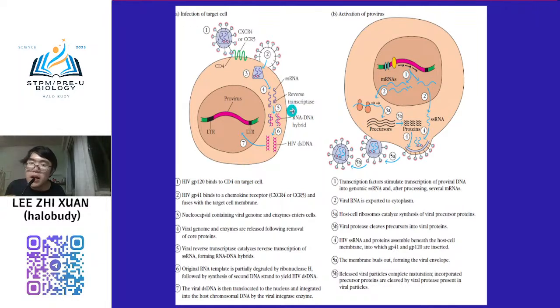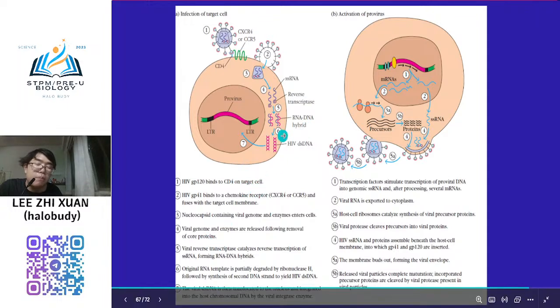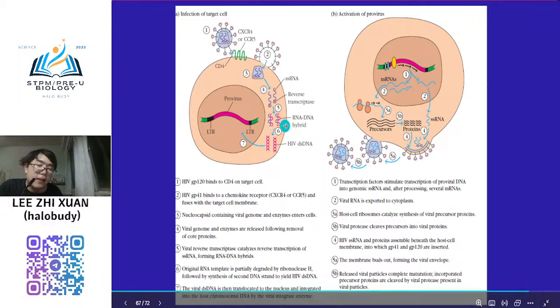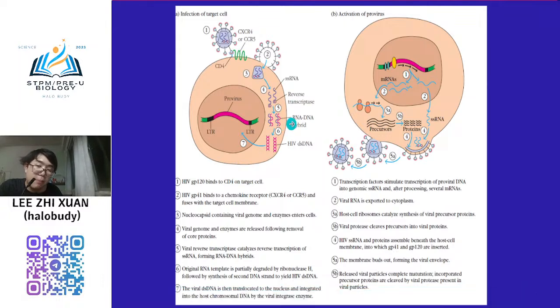Like in humans, we change DNA to mRNA, but this enzyme catalyzes a reverse reaction that humans do not have. It forms the RNA-DNA hybrid, and then your original RNA is the template and is partially degraded by the ribonuclease enzyme, followed by synthesis of a second DNA strand to form double-stranded DNA.